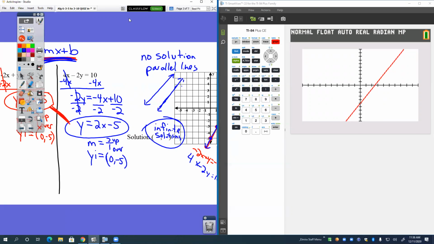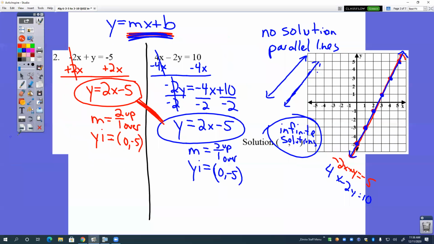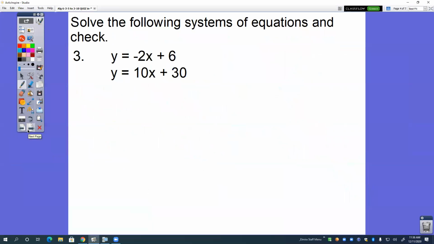So when we take a look at the next question, now we're going to solve them algebraically. When you go to solve a system like this algebraically, notice that you have your y equals and your y equals. Since you have them as y equals and y equals, you want to set them equal to each other.